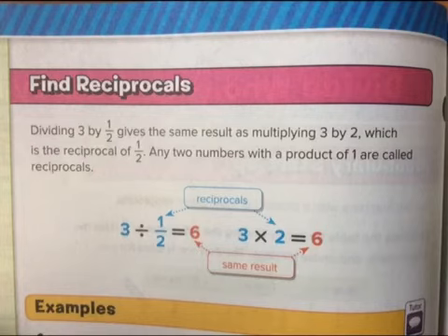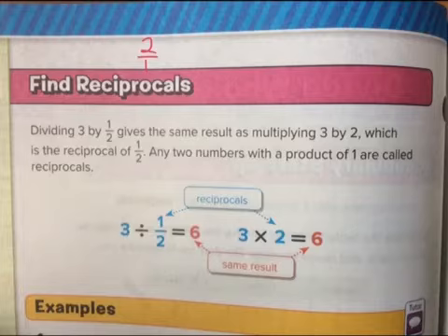Next page. Well, you already know that all whole numbers are over 1. We just don't write it over 1. For example, 2 is over 1. 3, 4, 5, all these numbers, they're all over 1.